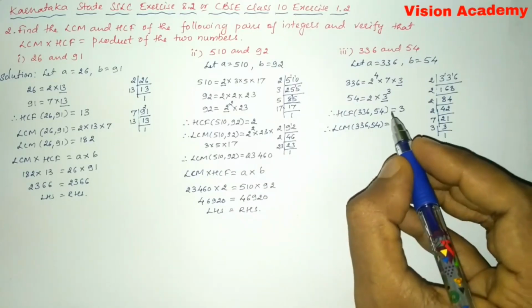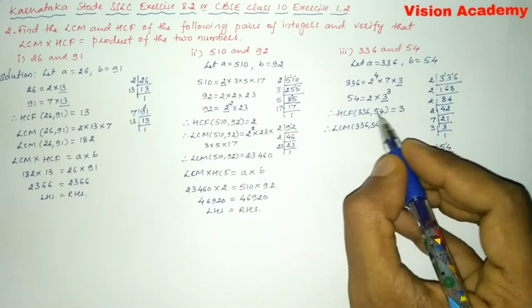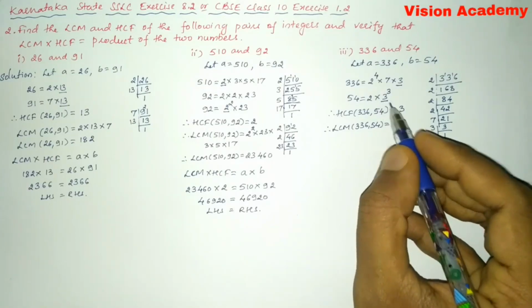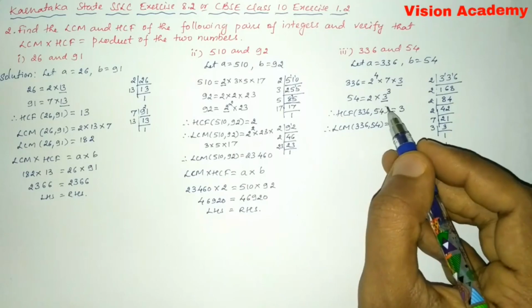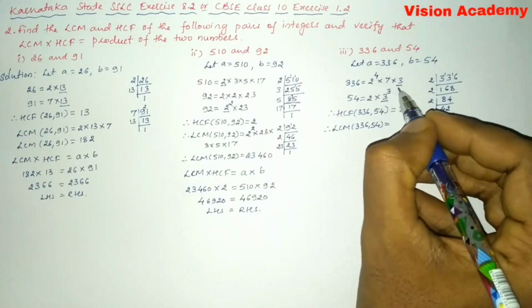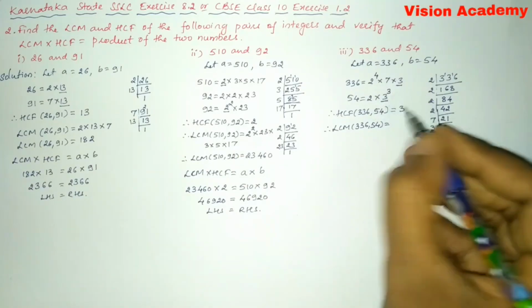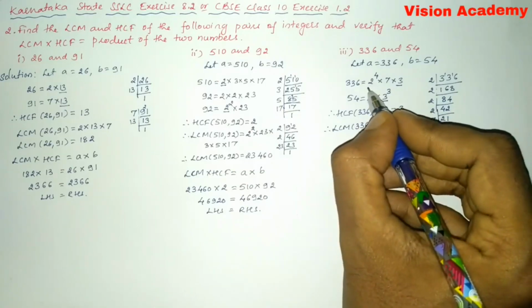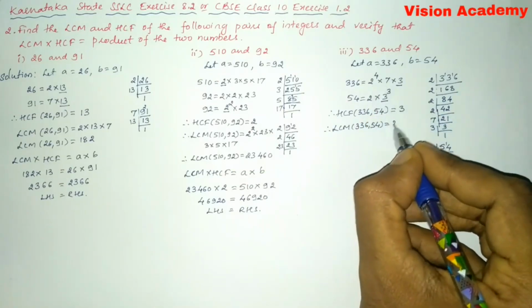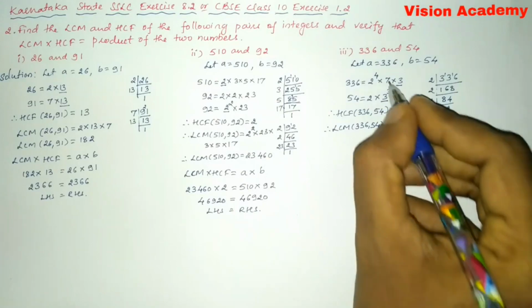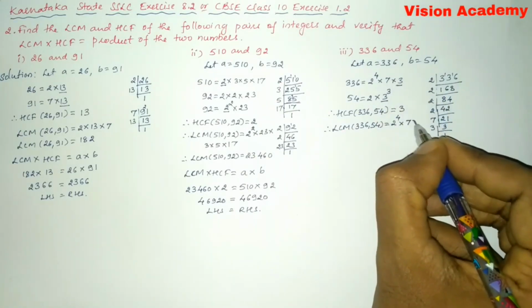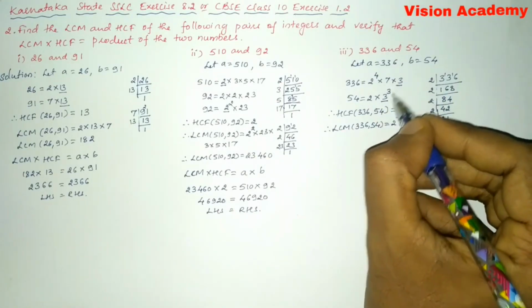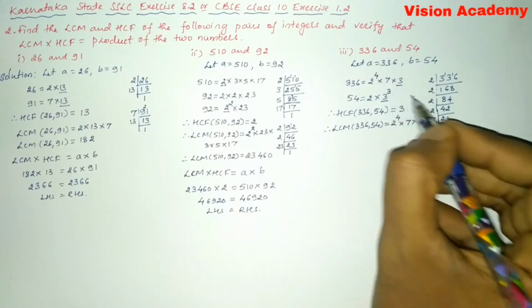Therefore LCM of 336 and 54 is equal to, as per the definition of LCM, we can say the product of highest powers of all the prime factors in the number. Here you can say the highest power of 3 is 3 to the power 3. So we'll go sequentially, that is first 2 to the power 4 into 7 into, when we come to 3, the highest power of 3 is 3 to the power 3.